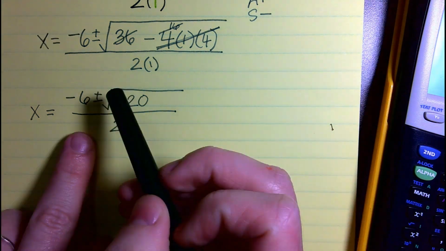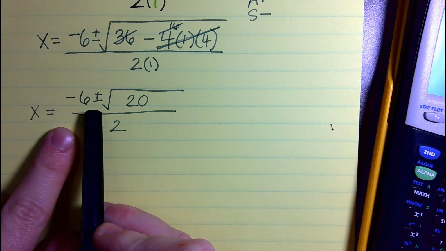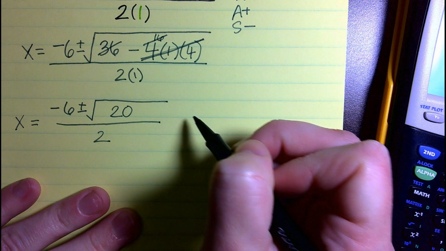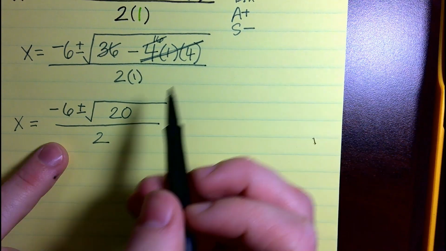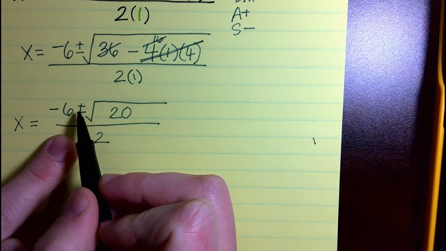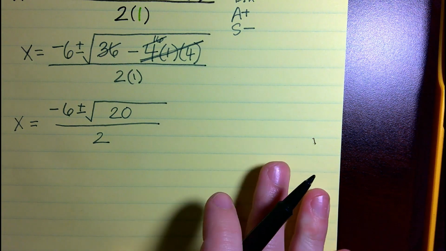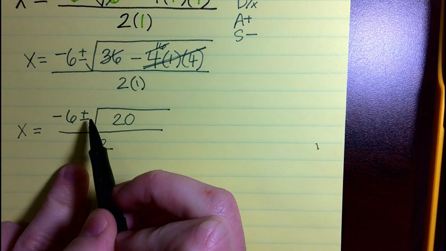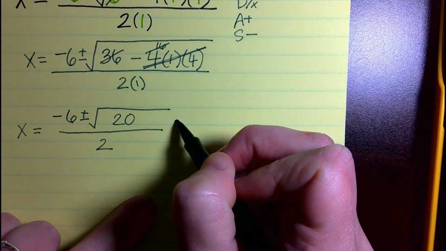First of all, whenever it says negative 6 plus or minus the square root of 20, all this means is that we have 2 separate things here. When we are solving a quadratic equation, we always get 2 answers for x, right? This is where the 2 answers are coming from in this equation.